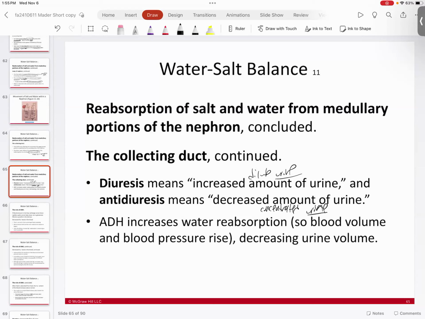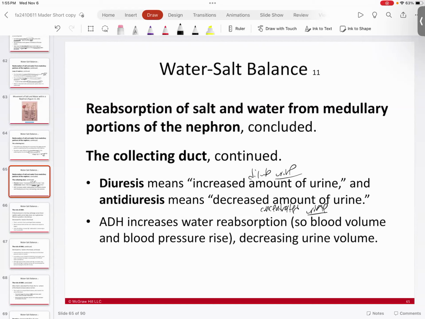A lot of times, if you have high blood pressure issues, you'll take a diuretic, and that will dump more of the fluid into the urine stream, bringing your blood volume down, bringing your blood pressure down. An antidiuretic is kind of like the opposite.